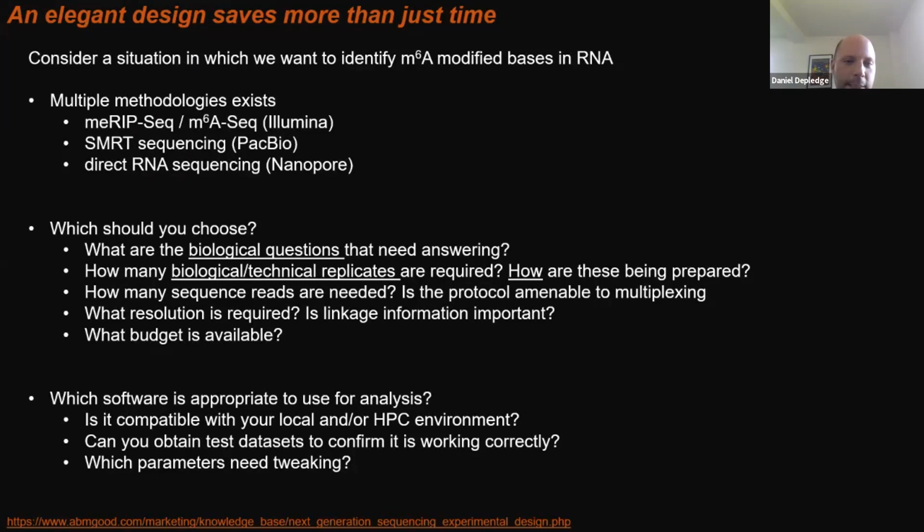Or do you need it working on an HPC environment like Big Purple? And if that's the case, then is your software compatible with it? Do you have test data sets you can use to make sure your software is working? Do you know which parameters need tweaking? Because you will always need to tweak parameters. So these are just a few things I think you should keep in mind. I've put a link at the bottom that gives you some more thoughts on that.